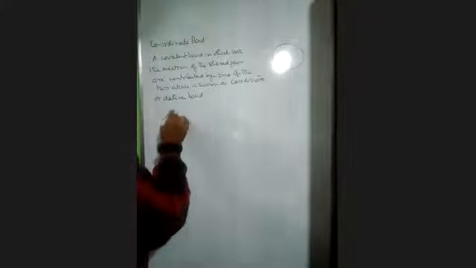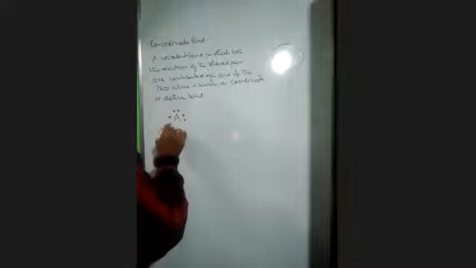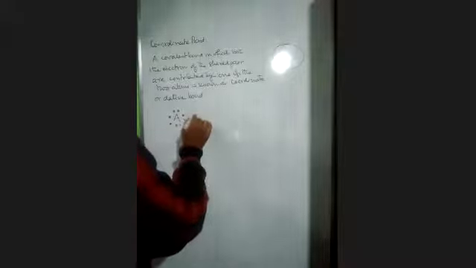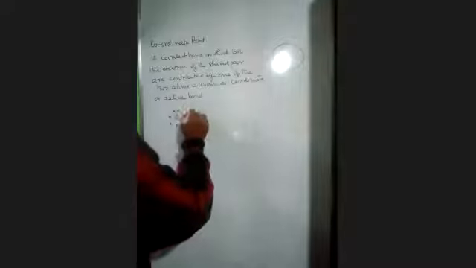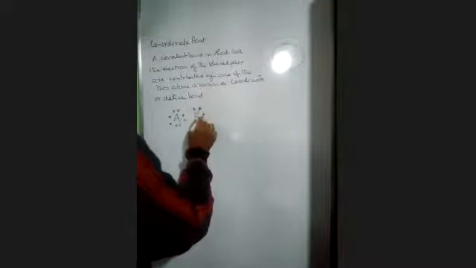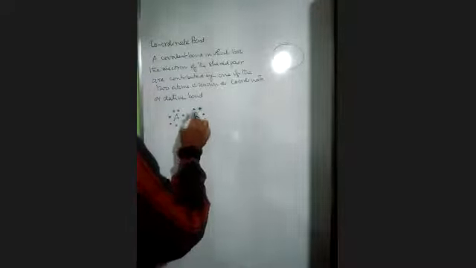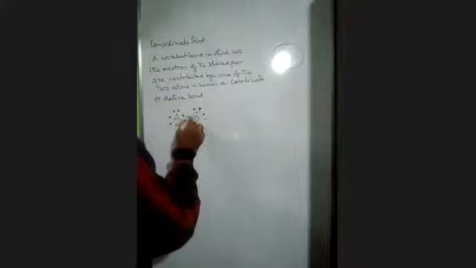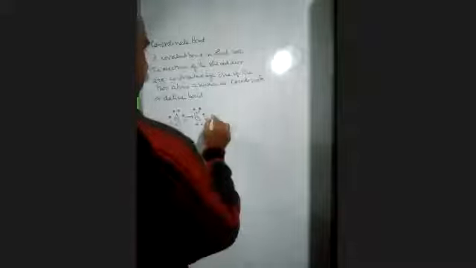Okay. Example is what? Say I have taken this A. A is having octet, and this B does not have any. It has 6 electrons. Means what? This is electron deficient. So it will give like this. So what will happen now?